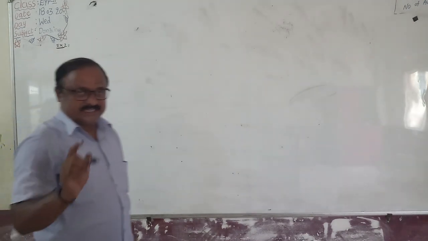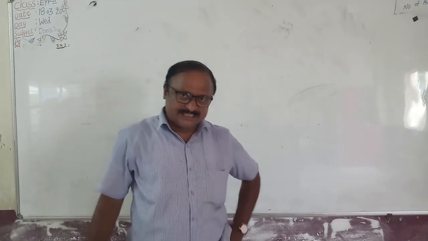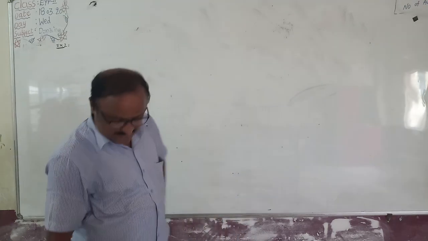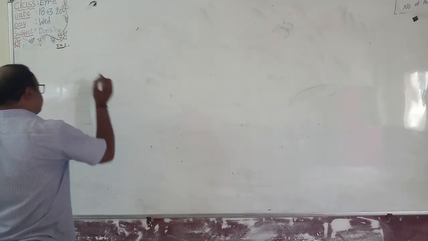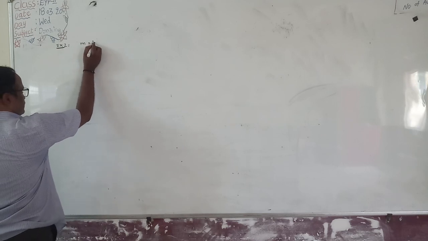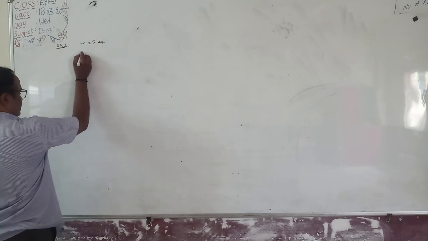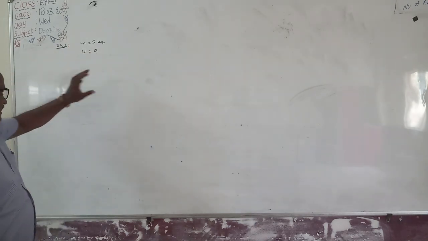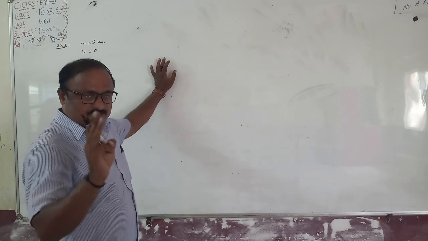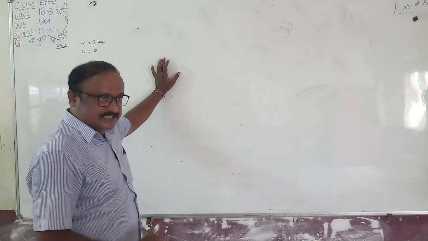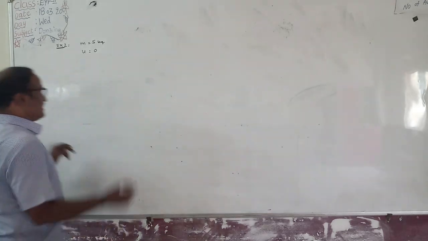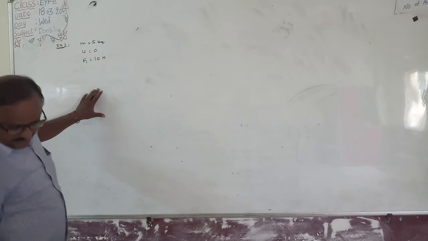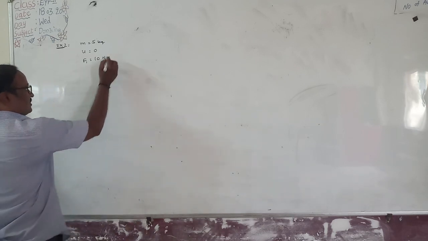Next, example 2. It is given: suppose a body is at rest. The mass of the body is 5 kilograms, and the body is at rest, meaning the initial velocity is zero. There are 3 forces acting on the body simultaneously. The first force F1 is 10 Newton due north.